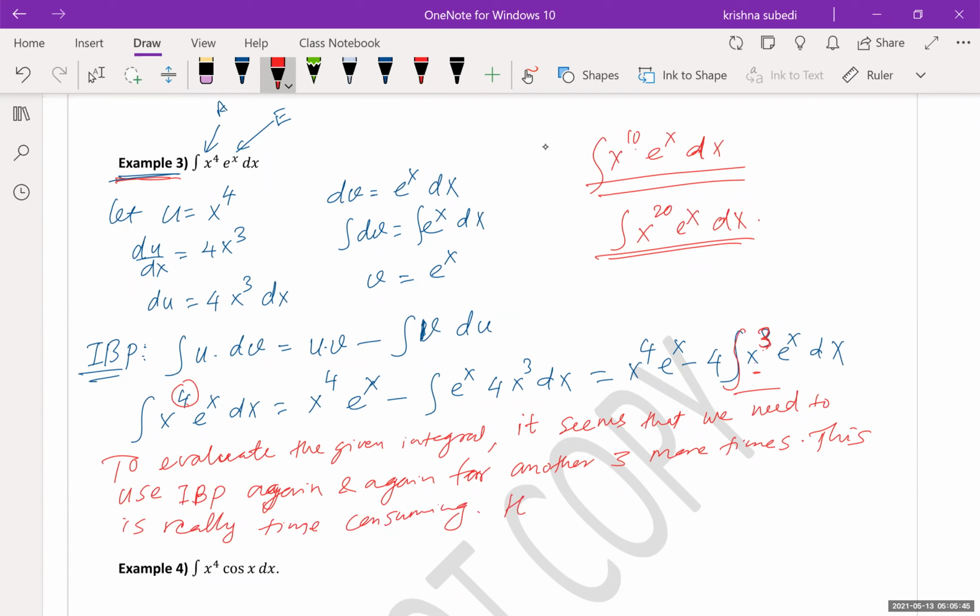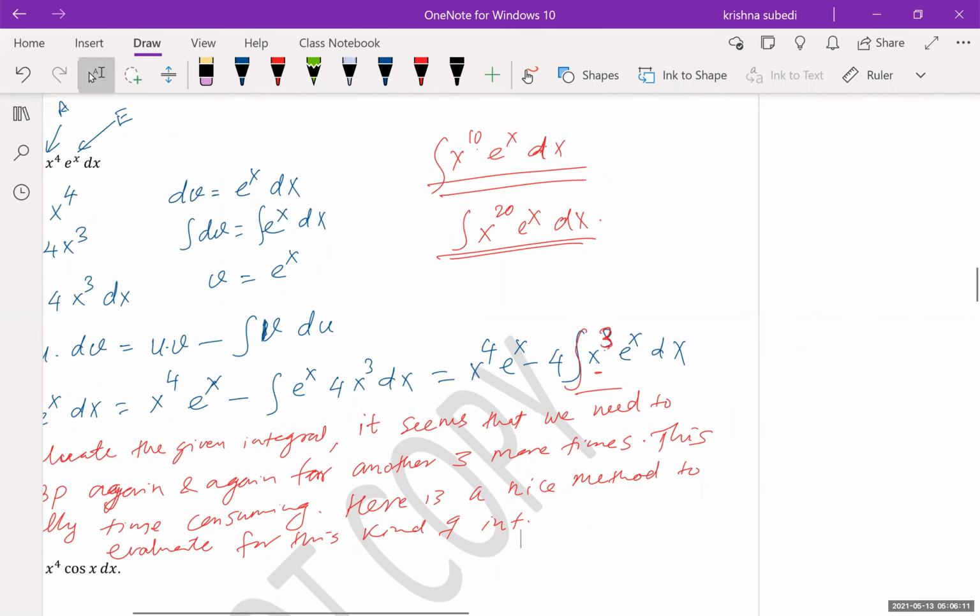Okay, here is a nice method to evaluate the integral for this kind of integral. Let's see.